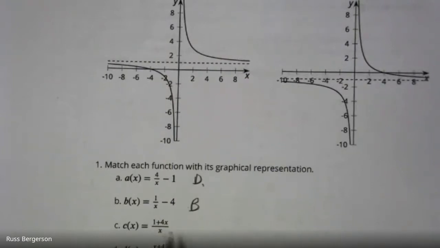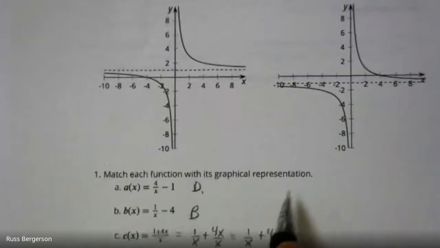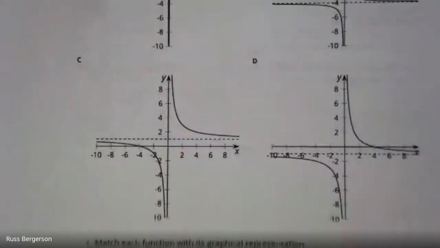And then is C, B? No, I feel like we'd be better off if we rewrote this. If we rewrote this as 1 over x plus 4x over x, and then we canceled out those x's, it would become 1 over x plus 4. Yeah. So now this is going to go to 0 again as x gets really huge. So it's A. So it's going to go to a +4, yes.